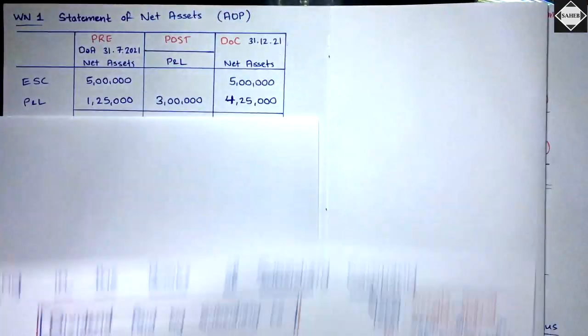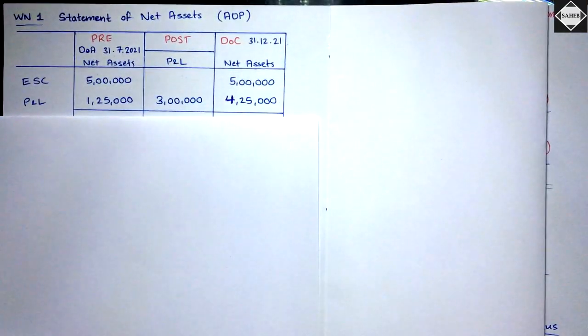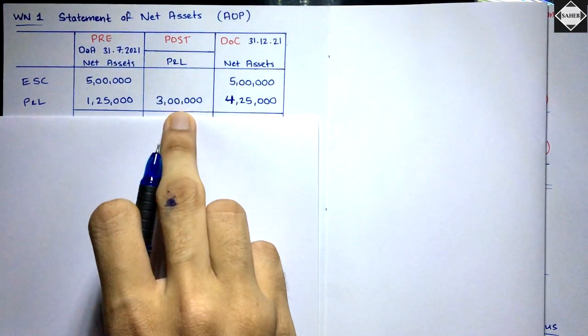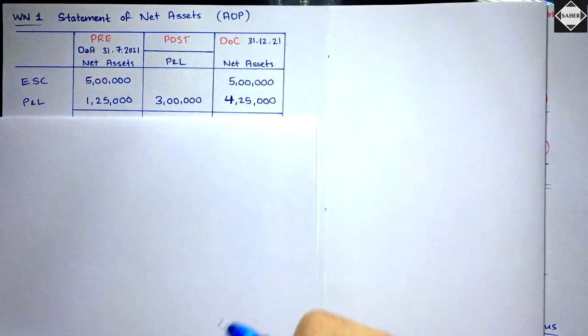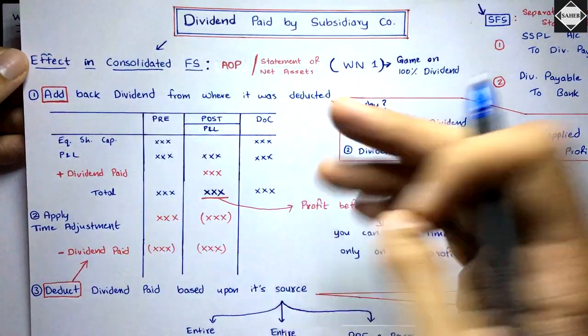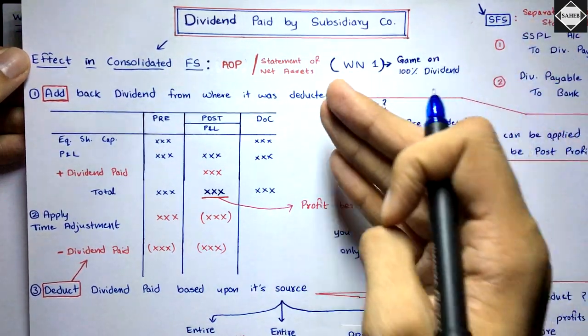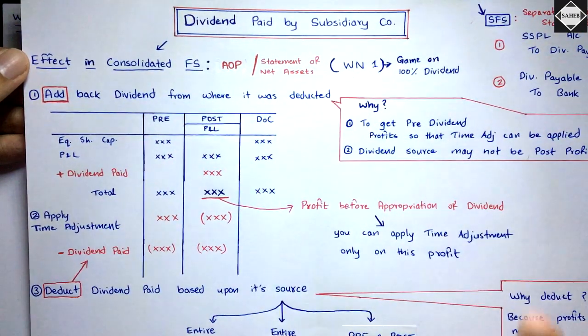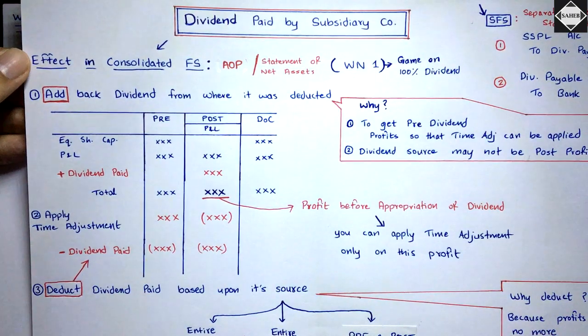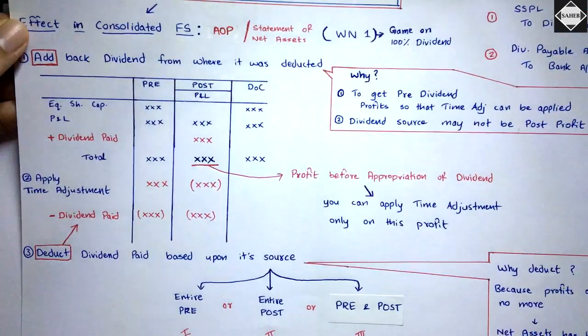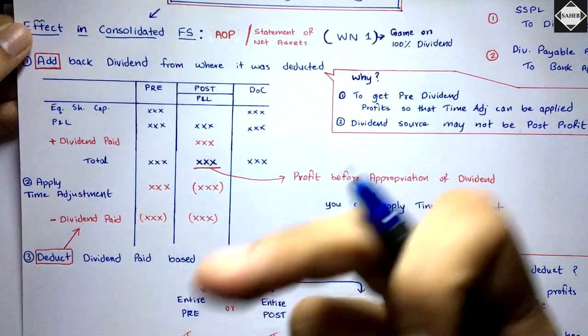But now in our question, illustration 5, the exact profit which has been earned in the current year has been given, which is already before appropriation of dividend. So that is why the first step will be skipped. You will not add back the dividend. If you add back the dividend, then that would be wrong. So what you have to do is directly move to the second step, apply the time adjustment.